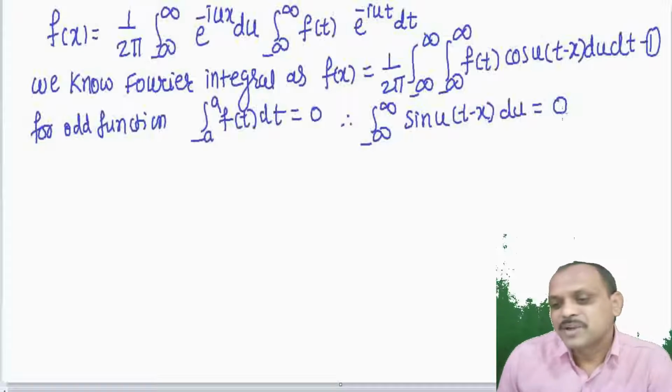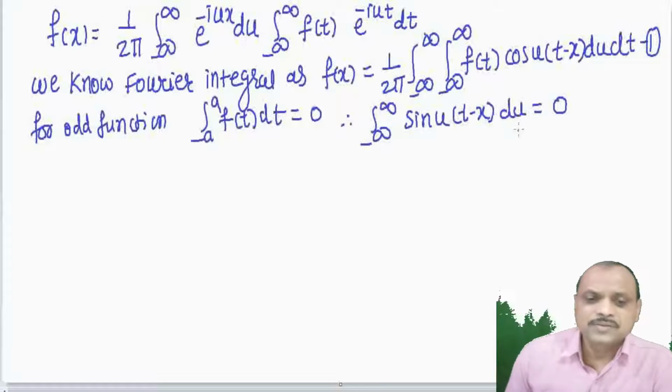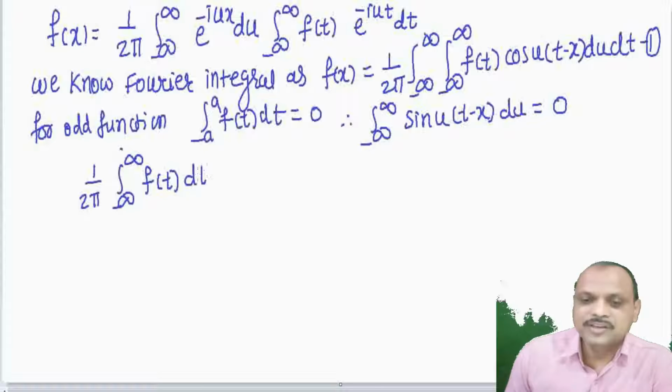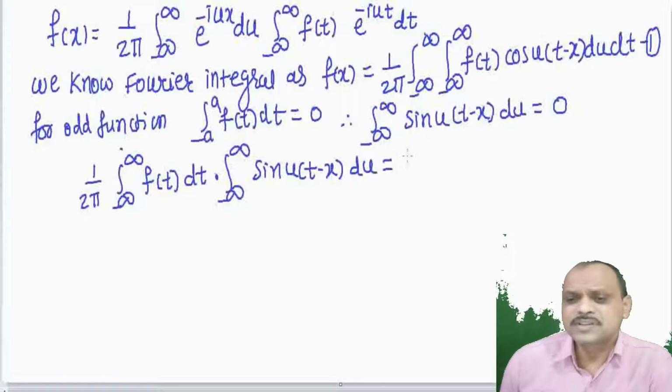Now when we multiply this value 0 by any function or any terms, it will again be 0. So we multiply this by 1 divided by 2 pi integration minus infinity to plus infinity f of t into dt into integration minus infinity to plus infinity sine of u into t minus x into du. Again we get 0, since 0 into anything is 0.